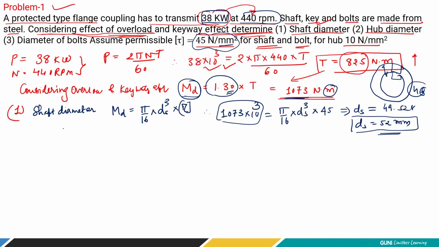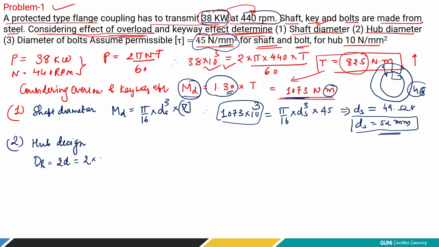Okay, now let's consider the other dimension, that is hub dimensions. The second situation is hub design, right? Now from the design theory we know that hub diameter is taken as 2 times shaft dimensions, right?